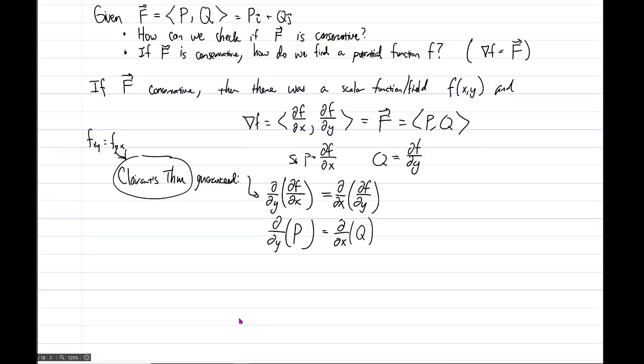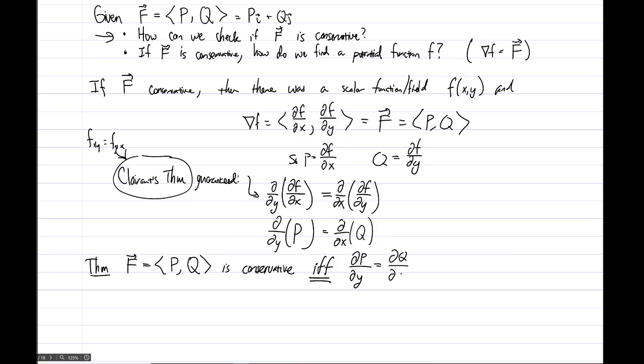So, here's the theorem. It answers this question of how can we check if f is conservative. The vector field capital F, a two-dimensional vector field with components capital P and capital Q, is conservative if and only if, and we just really copy this, the partial derivative of P with respect to y is equal to the partial derivative of Q with respect to x.